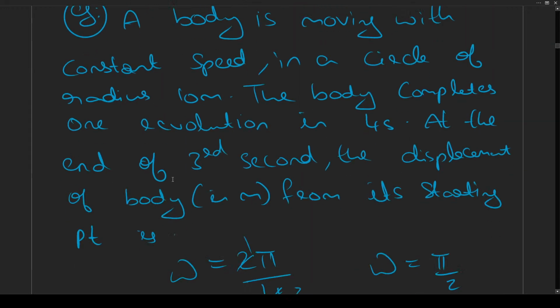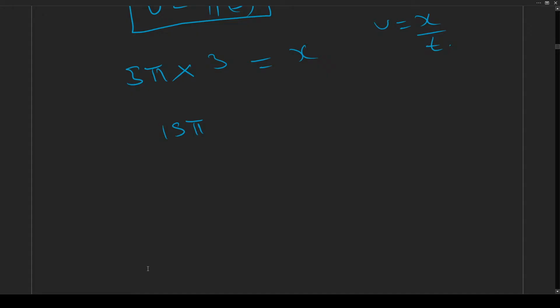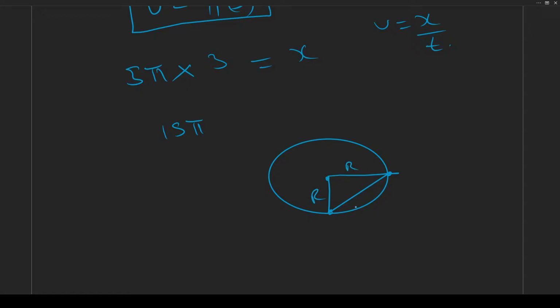Okay, but we are not finding that here. We are not finding distance here, we are finding displacement. So we need to take this path here, which, if this is radius and this is radius, will be r root 2.